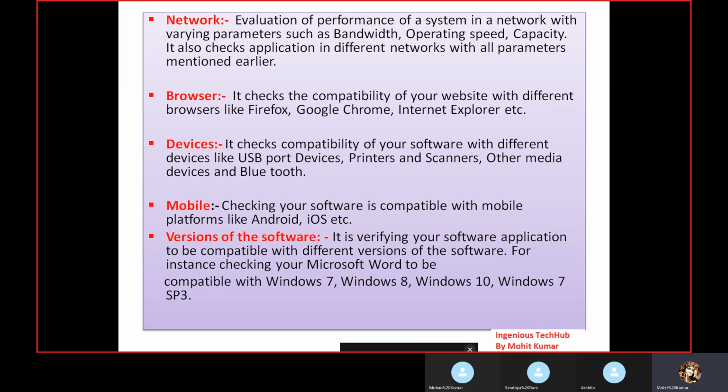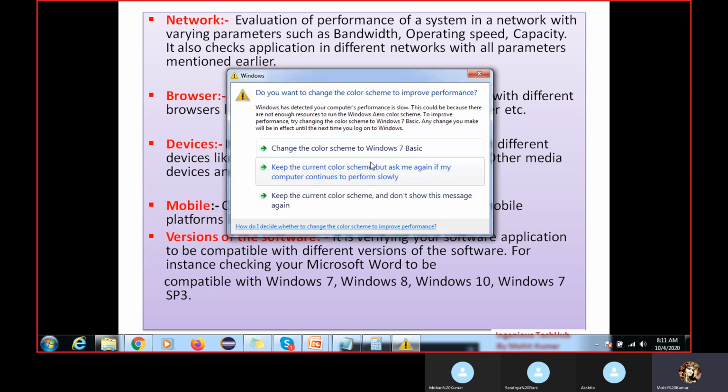It checks the compatibility of your software with different devices like USB port devices, printers, scanners, other devices and Bluetooth as well. Mobile, right? Checking your software is compatible with mobile platforms like Android and iOS versions of the software.